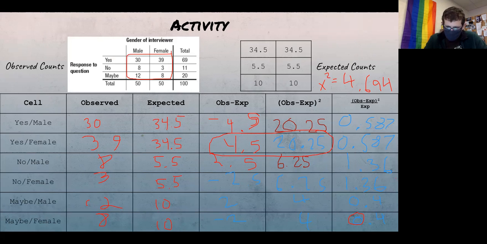I've got 2 columns and 3 rows. So I'm just going to take 2 minus 1 and 3 minus 1, which gives me 2 times 1. So I'm going to have 2 degrees of freedom for this.